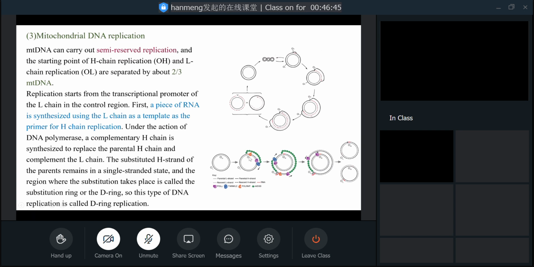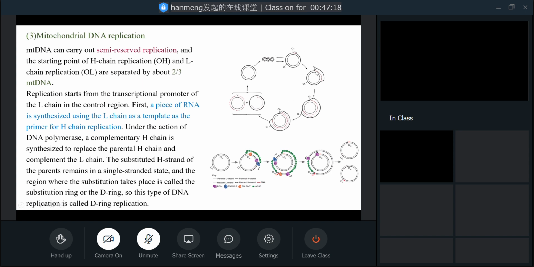Then, under the action of DNA polymerase, the heavy chain starts to replicate, and a complementary heavy chain is synthesized to replace the parental heavy chain and complete to the light chain.